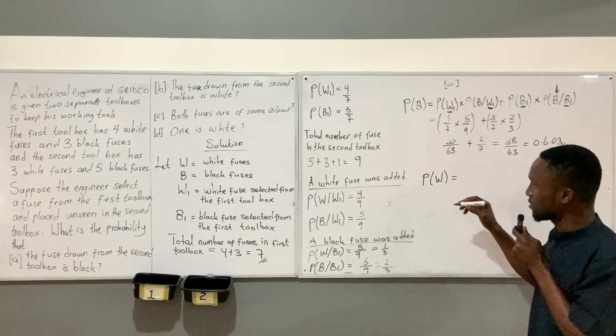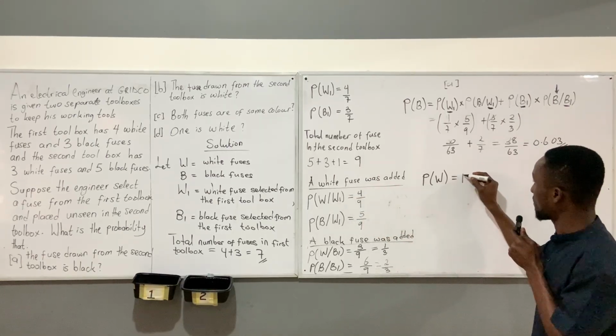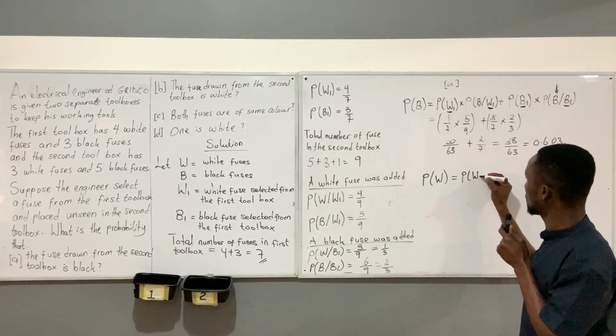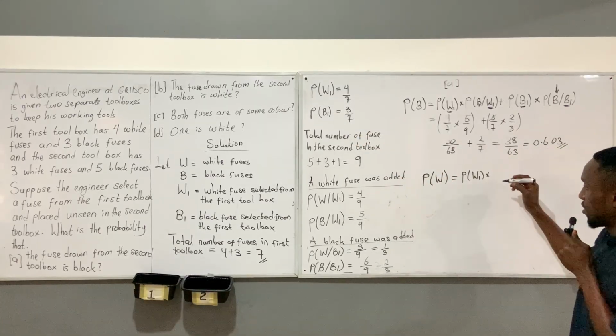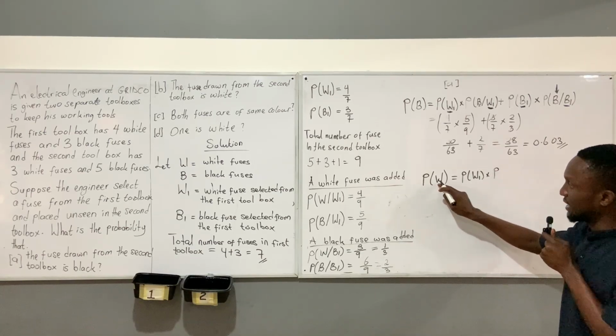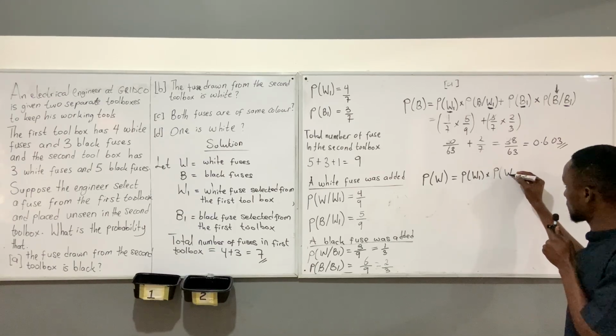Okay, so now let's talk about a white fuse was added. If a white fuse was added, then we have the probability of W1, white fuse. So now we multiply by its conditional probability, P of he picked a white fuse. That's what we are looking for, so it will come first.